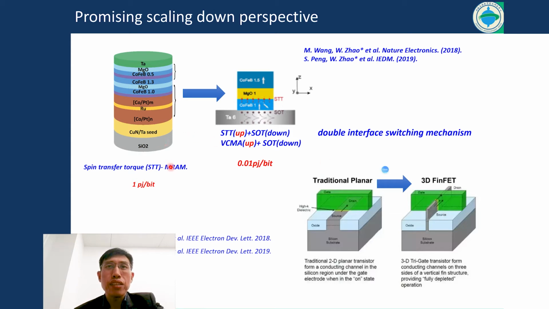By using this method, the energy efficiency could be higher, and the switching energy per bit could go from 1 picojoule to 0.01 picojoule, 100 times lower than the previous solution. And we can completely overcome the lifetime challenge.